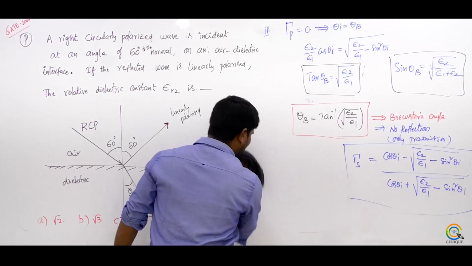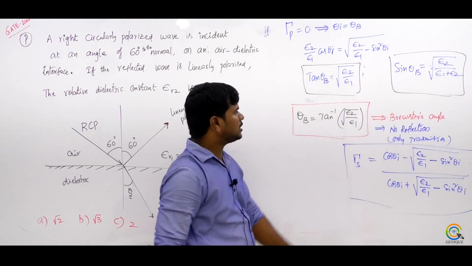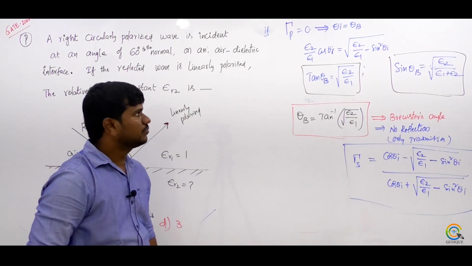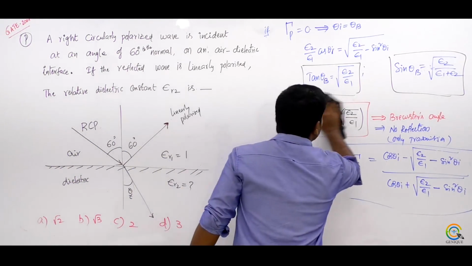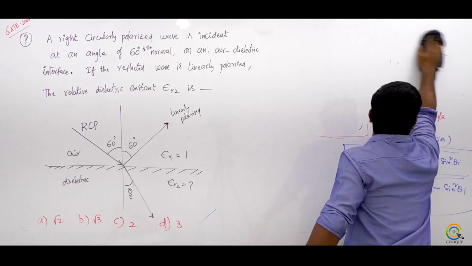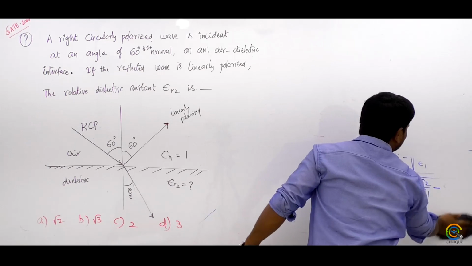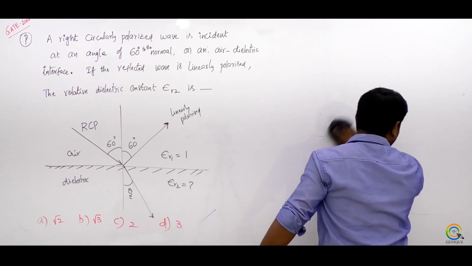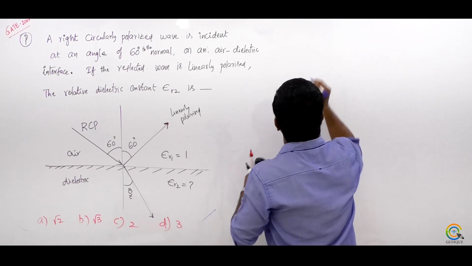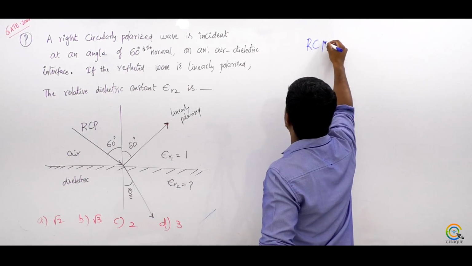So now come to the question. At Brewster's angle, what happens? There is no reflection of the S polarized wave. Suppose you take any S polarized wave or P polarized wave. Suppose you take a right circularly polarized wave.